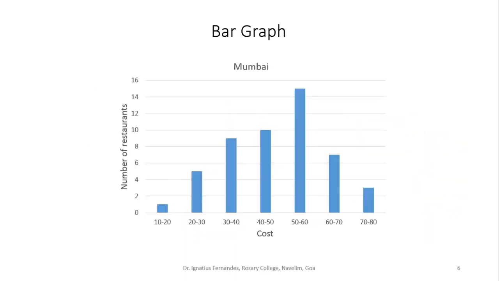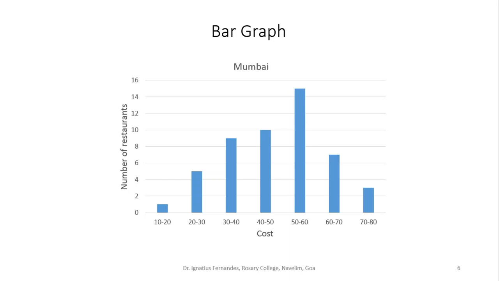Now the difference between a histogram and bar graph: they are exactly similar. I do the same thing like how I did in the previous slide, that is the histogram. So the first frequency was 1, so I drew a bar of height 1. Then the frequency was 5, so I drew a bar of height 5, and so on.